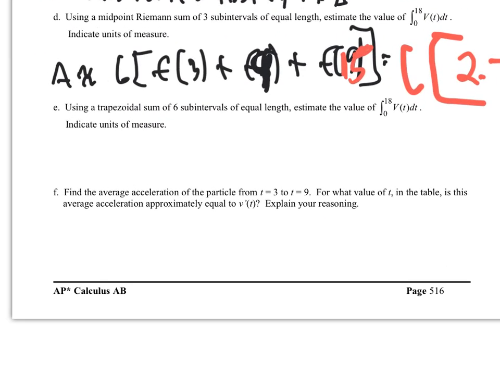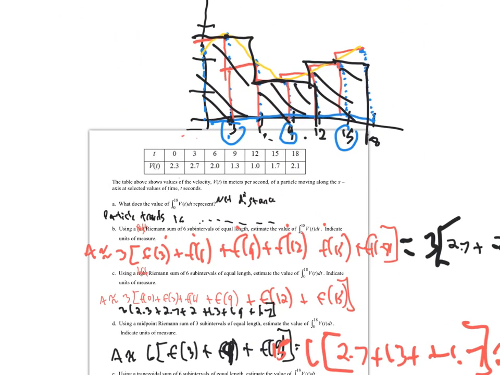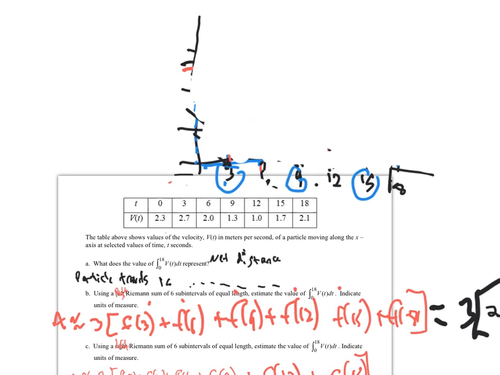Use trapezoidal sum of 6 subintervals of equal length to estimate that. Okay, what am I going to do? Well, it's the same as the rectangles when I had 6 of them, but I'm looking at it slightly differently. Let's see, will it let me erase up here? We're in luck. Each one's important.